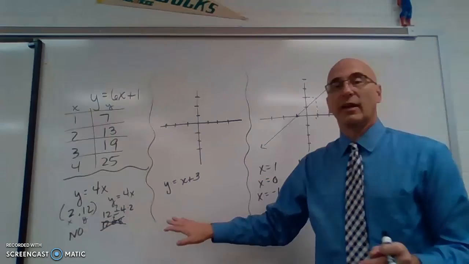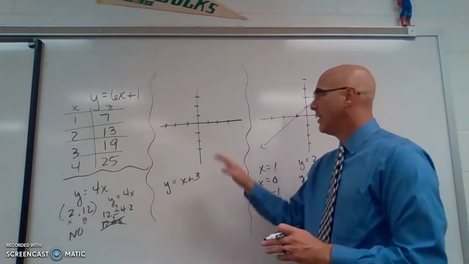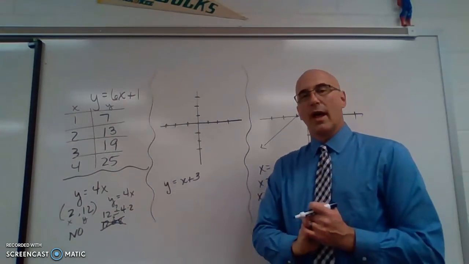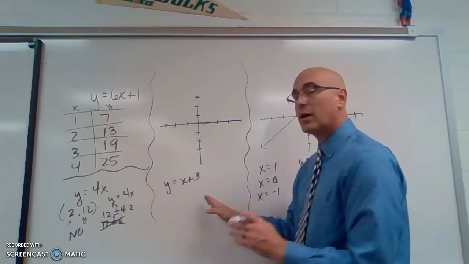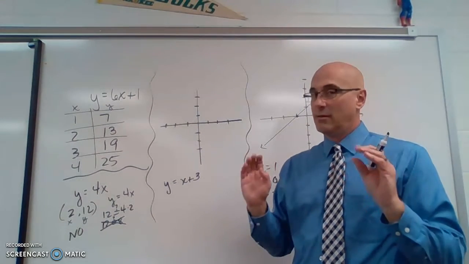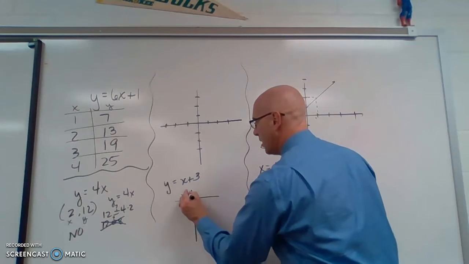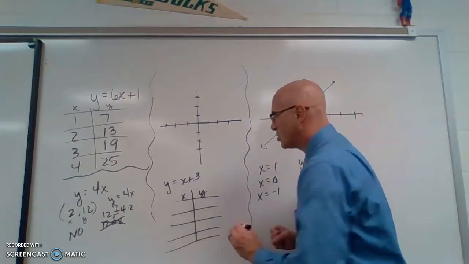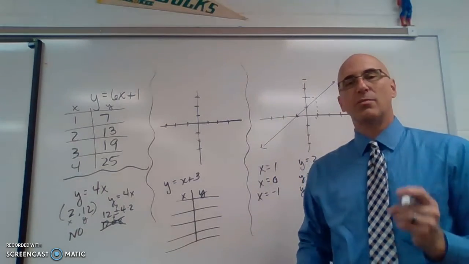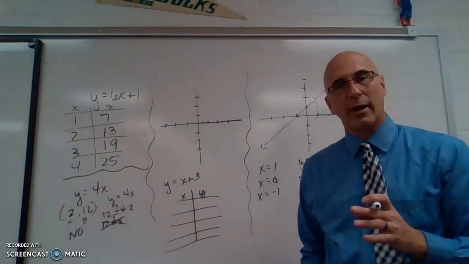And then finally, we're given a function, in this case, y equals x plus 3, and a blank coordinate plane. And we need to draw a graph of this. So what we can do for now, just because we're starting this, we are going to draw a t-chart, x and y values, and we are going to just select some numbers that we can do to plot points and then draw a line.